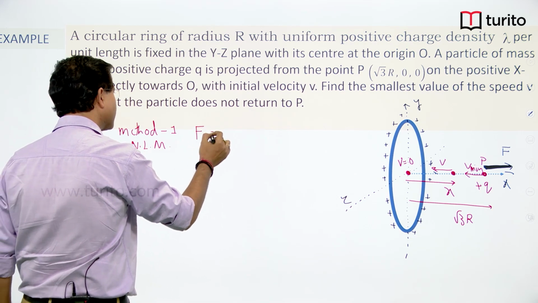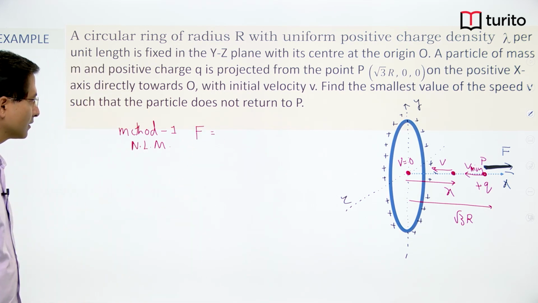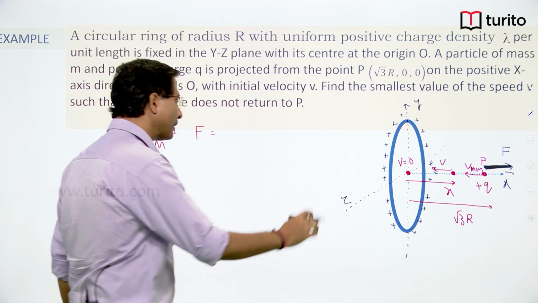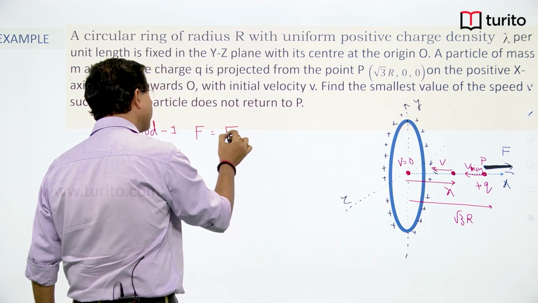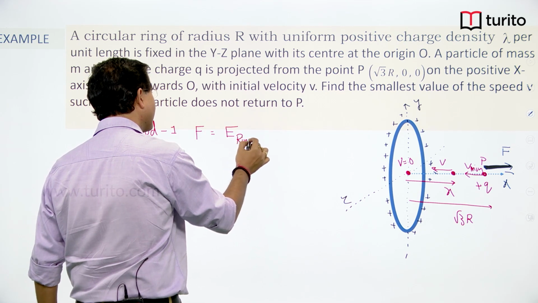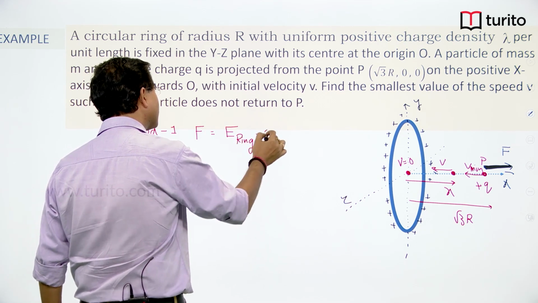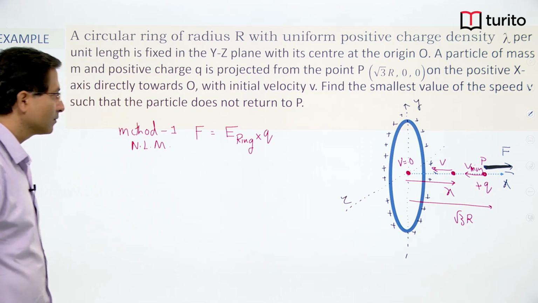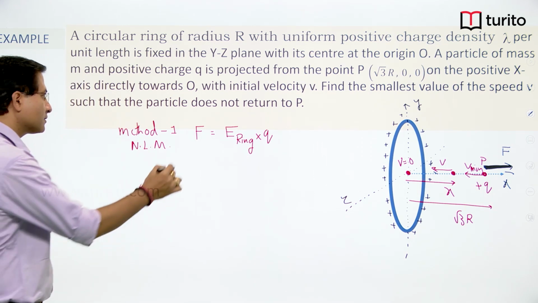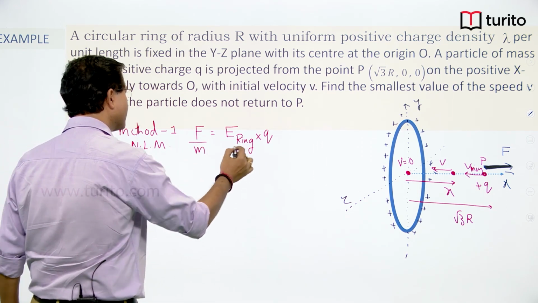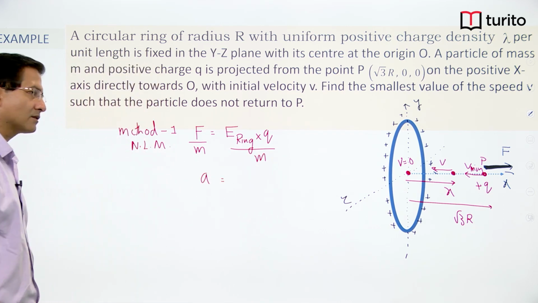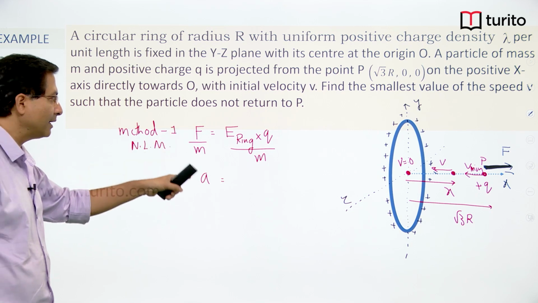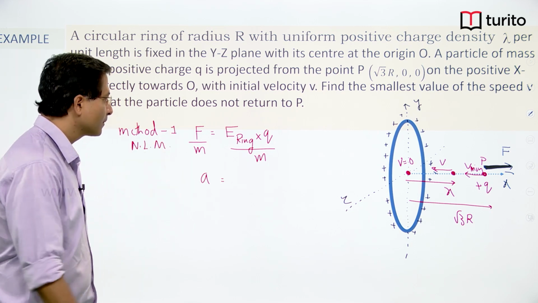The force between ring and particle is the field produced by the ring into the charge on the particle. If I divide the force by mass, I will get acceleration. Newton's second law, F by m will give you acceleration.